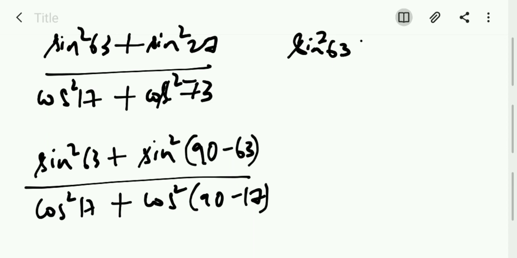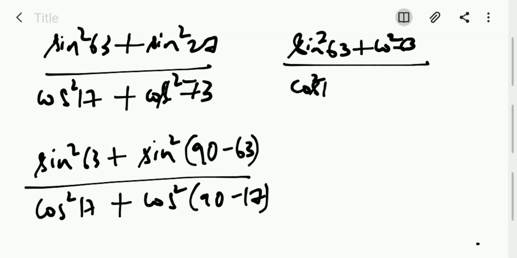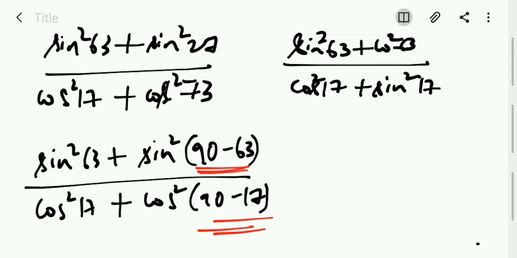Sine square 63 plus cos square 63, correct, by cos square 17 plus sine square 17. You got this? Look, here is the application of complementary angles. Sine 90 minus theta is cos theta.